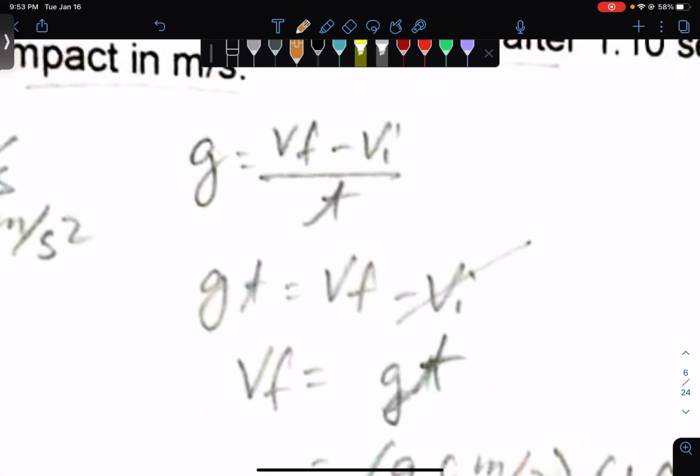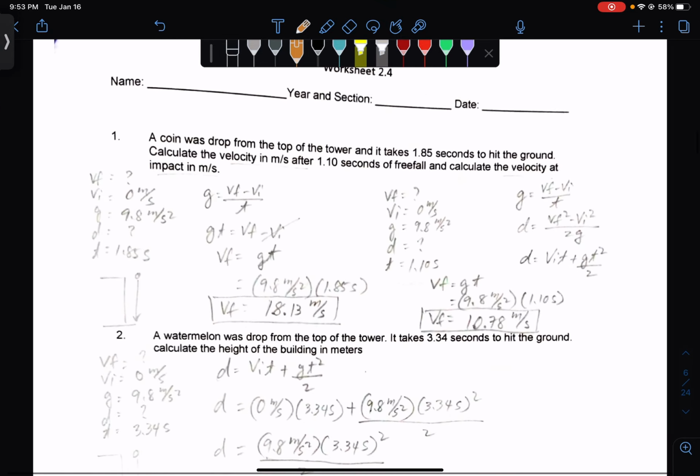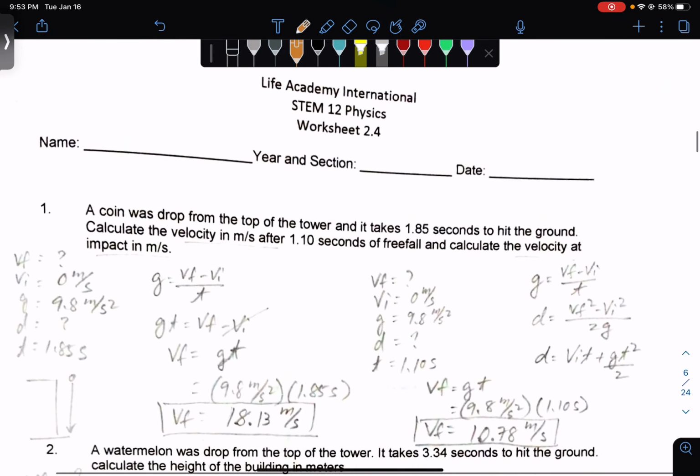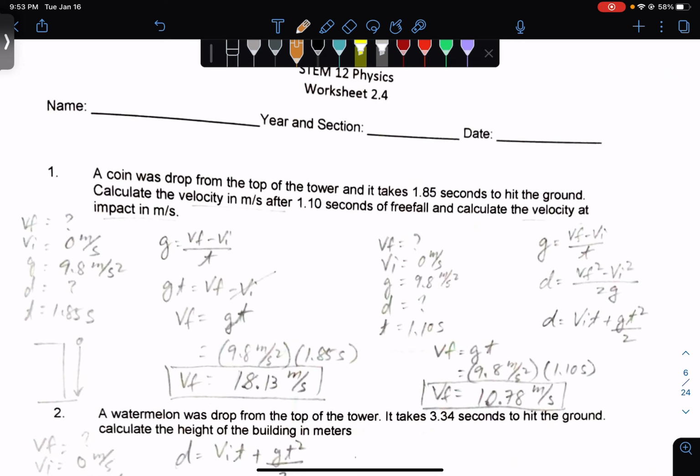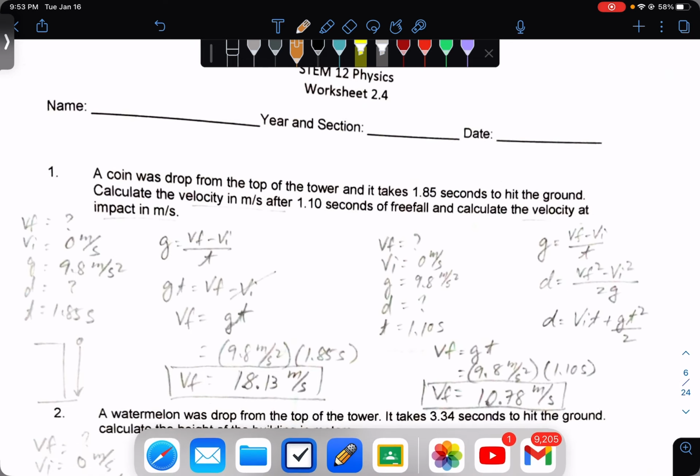Let's see if it's correct. Sheesh. It's wrong, I think.